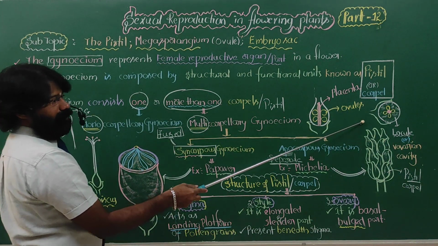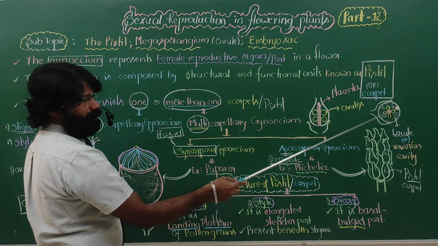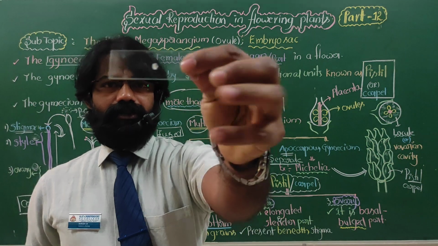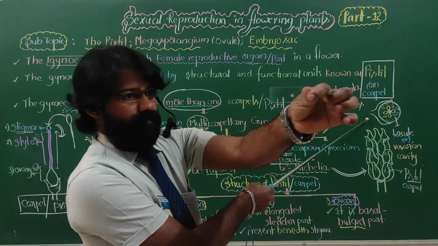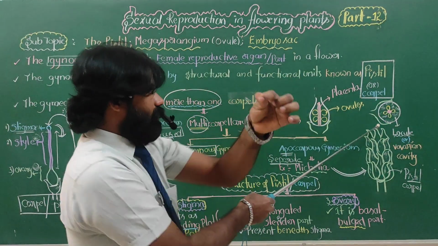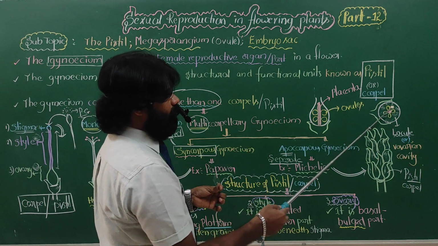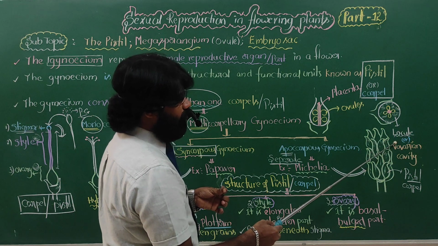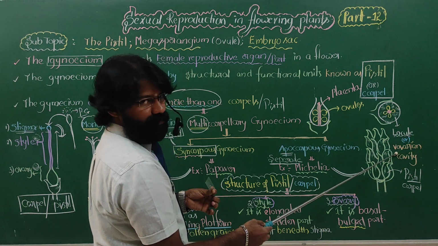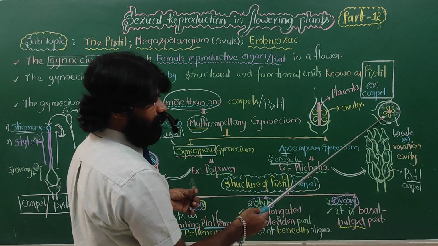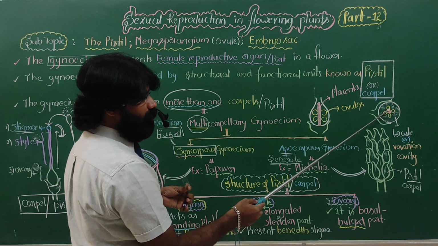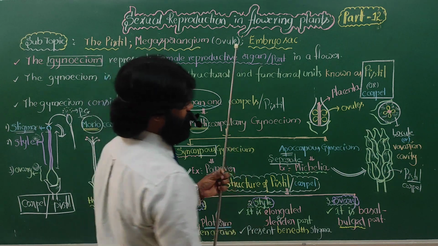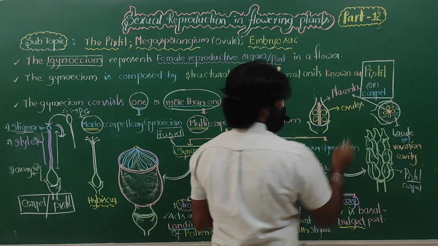If you cut the ovary horizontally, the diagram looks like this on the slide. Here this is the ovarian wall. Then inside, the white color is nothing but the locule. The locule is otherwise called the ovarian cavity. Then inside, the yellow color, these are nothing but ovules. Ovules are attached to a fleshy, elongated substance, nothing but the placenta.